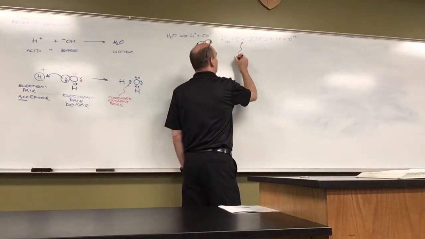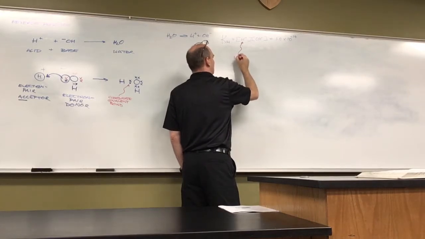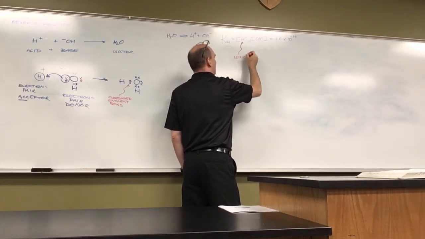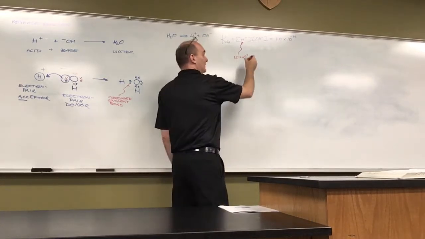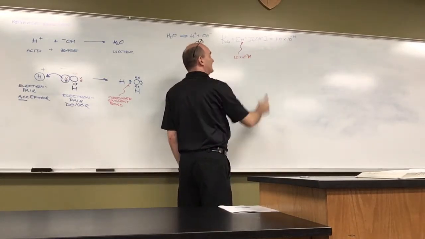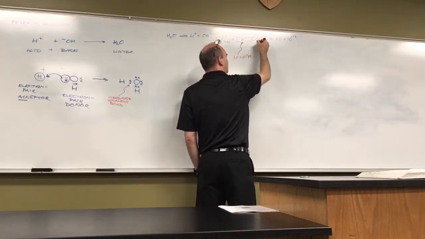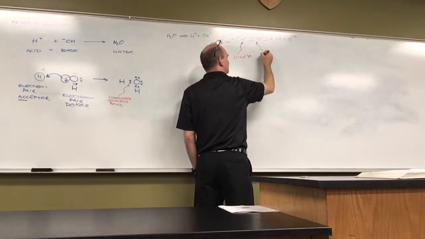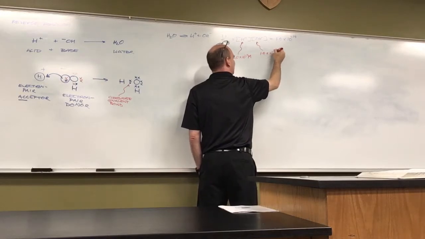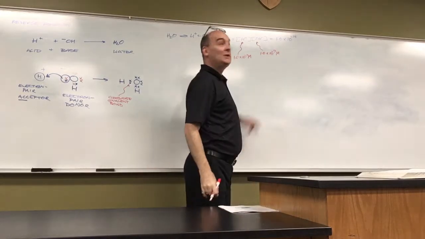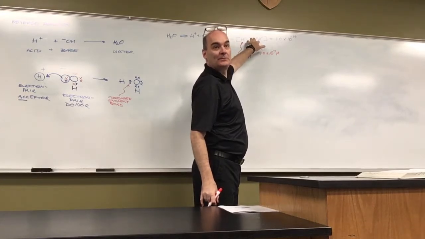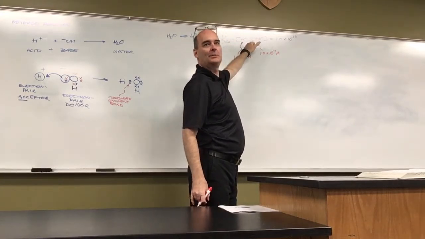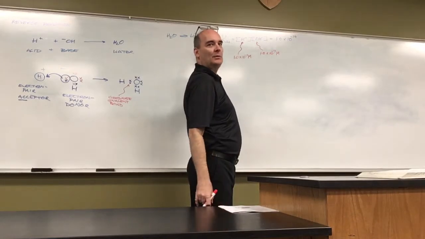That value is 1 times 10 to the negative 7. What? Moles per liter. What is the other number? Okay. Because those numbers have to be the same as each other. Where did the H plus come from? It came from an H2O.